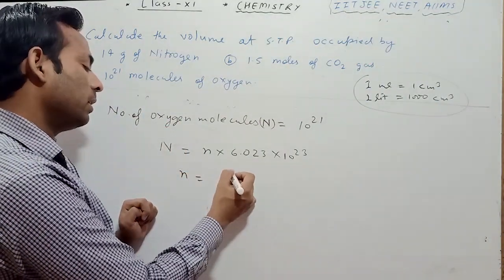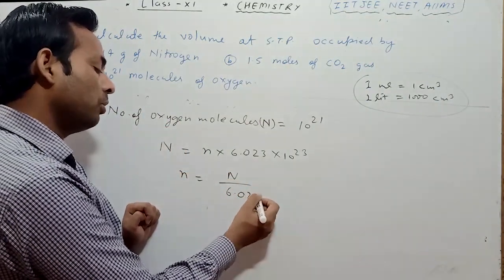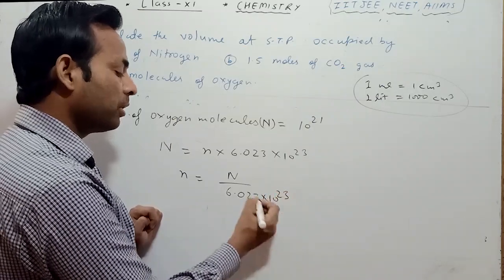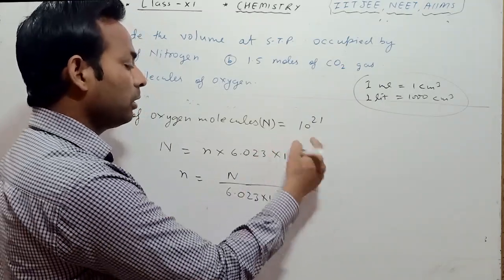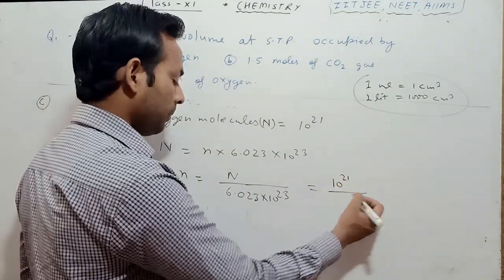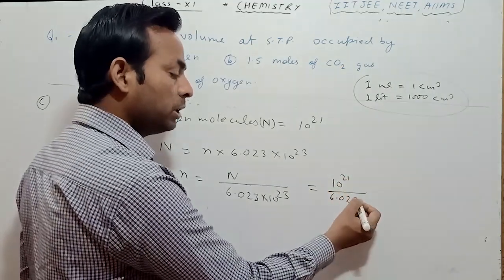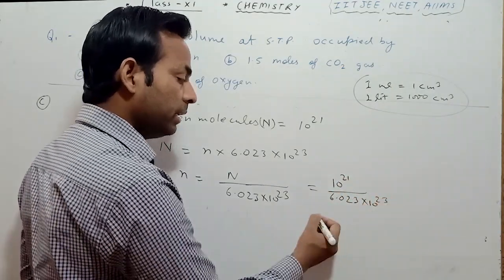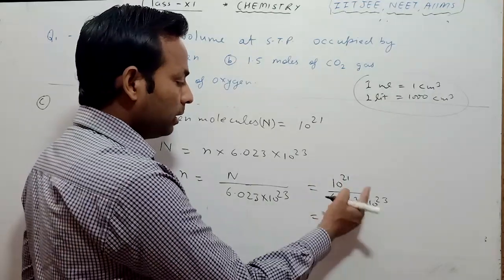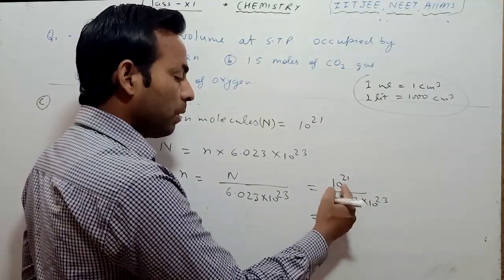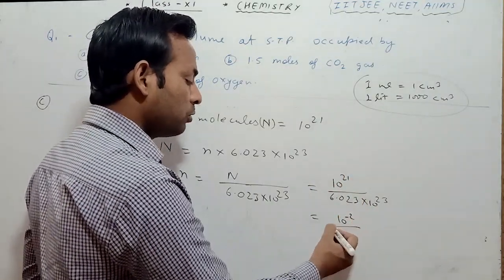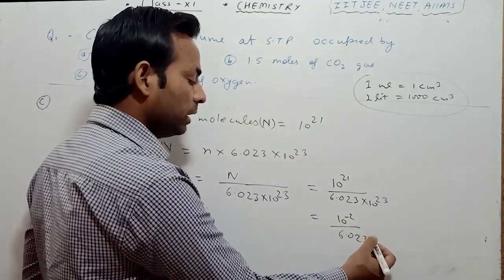So n equals N by 6.023 into 10 to power 23. So N value given is 10 to power 21 upon 6.023 into 10 to power 23. After calculating this value, it becomes 10 to power minus 2 upon 6.023.